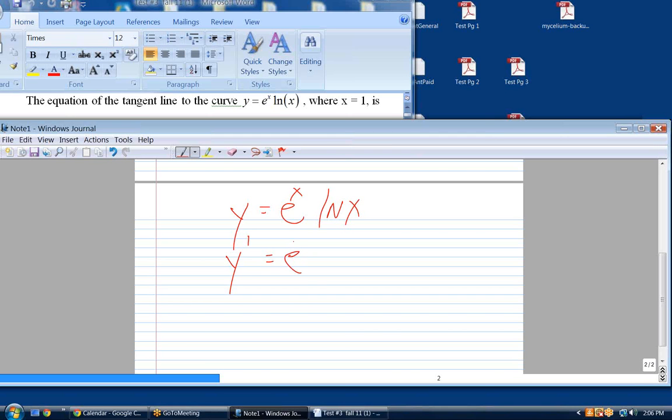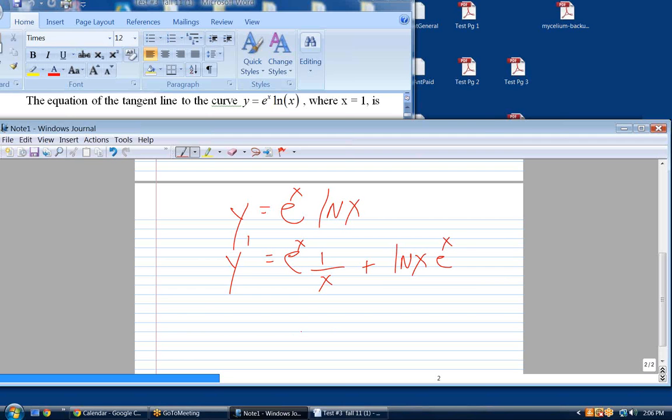So we'd go e to the x times 1 over x, since the derivative of natural log is 1 over x, plus ln x times e to the x. The derivative of e to the x is also e to the x.